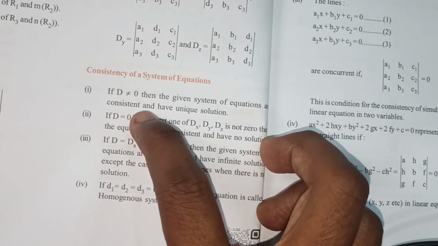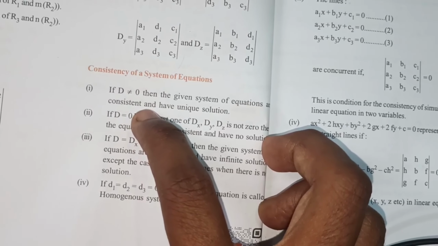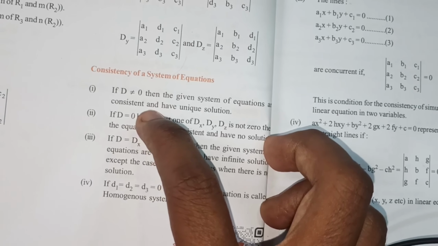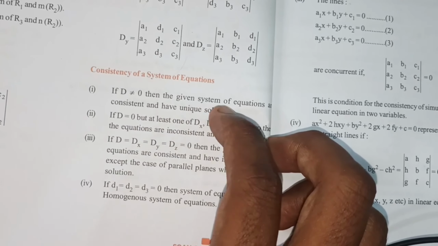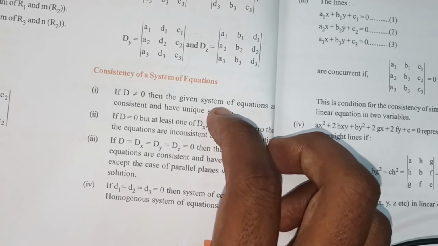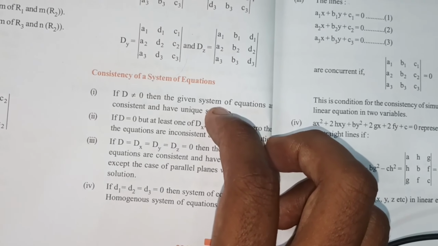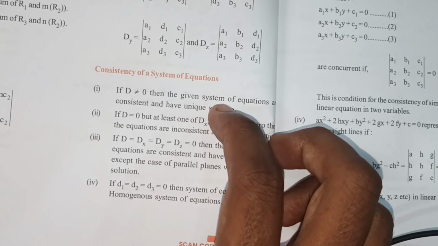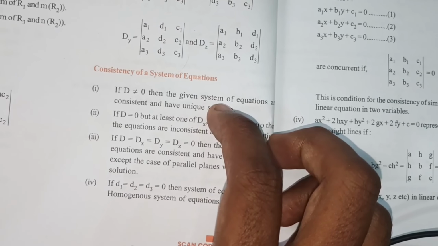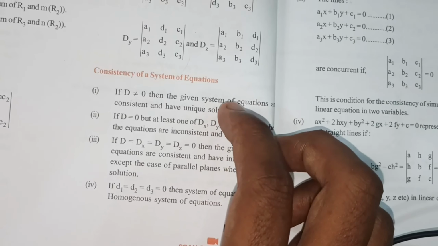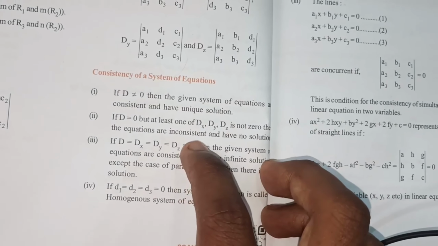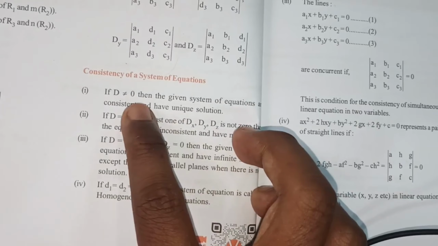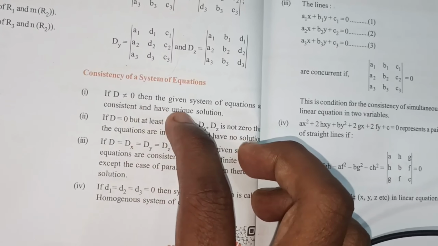If D equal to 0, then all these values will be 0. There does not exist any value of x, y, z. The values can be infinite, inconsistent, and have no solution here. So only if D not equal to 0, the equation has a unique solution.